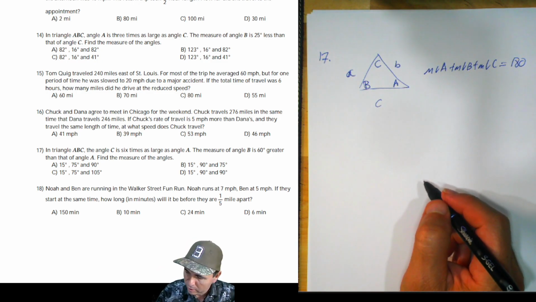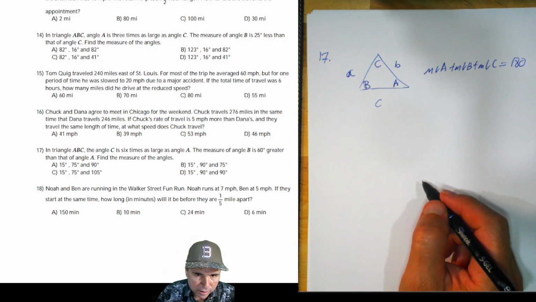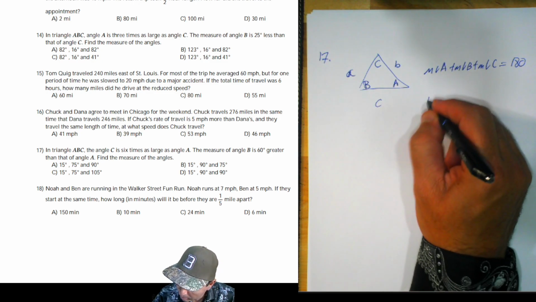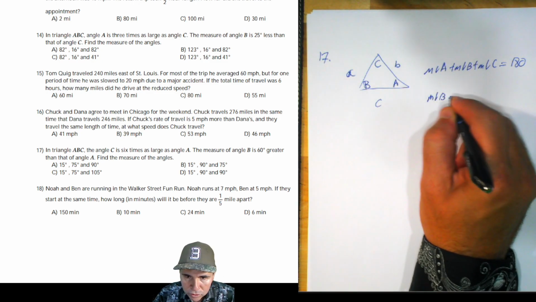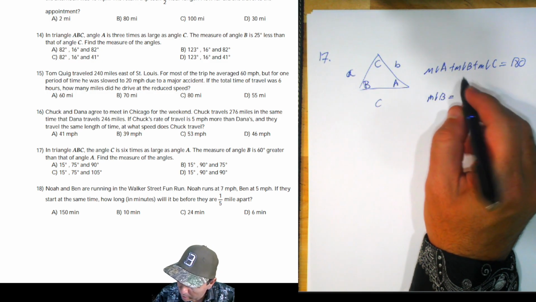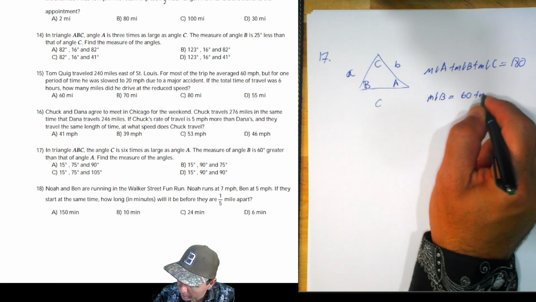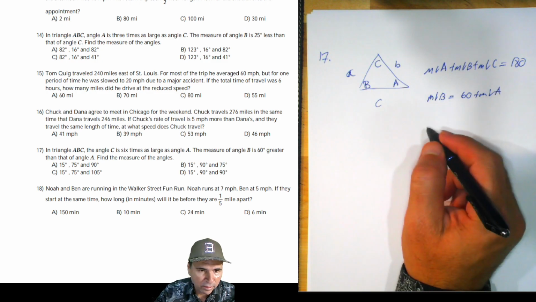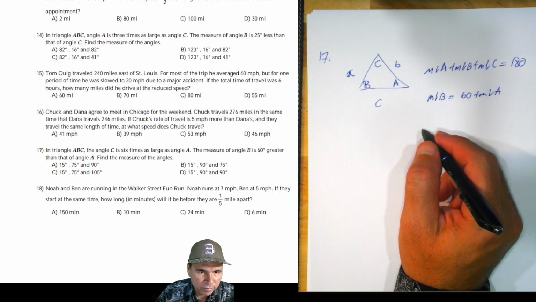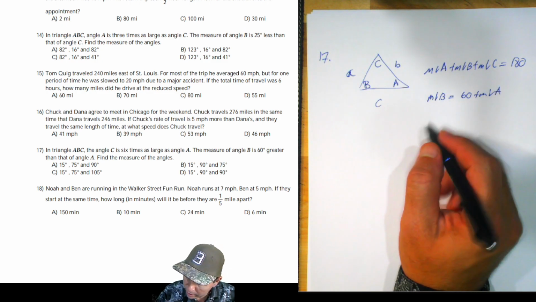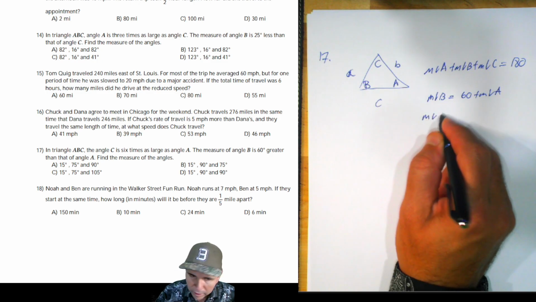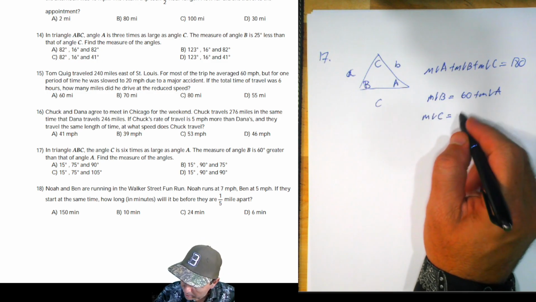Let's see what the rest says. The measure of angle B is equal to 60 greater than the measure of angle A. Angle C is 6 times larger than angle A.